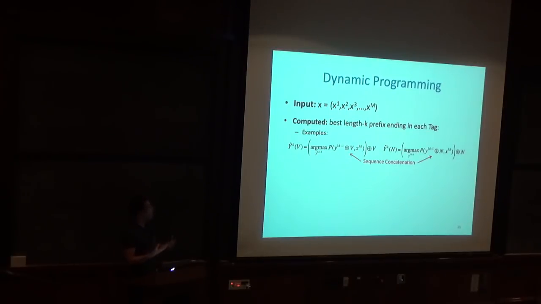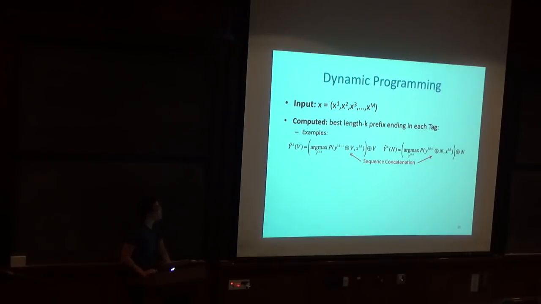And if I could just pre-compute that, then that's the only thing I need to keep track of as I solve this problem. And then by the end, I can show that I've solved this whole problem without having to look over the whole exponential space of possibilities. And I'll walk us through this in very concrete form for hidden Markov models.